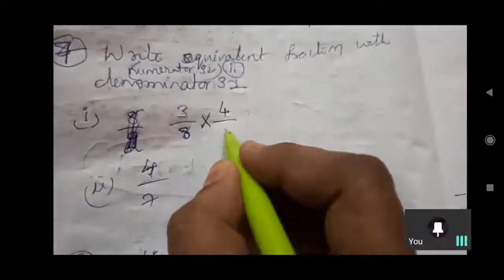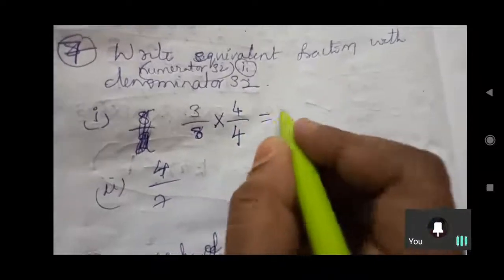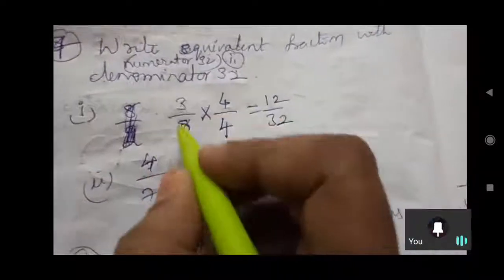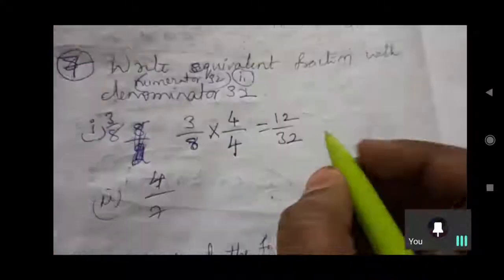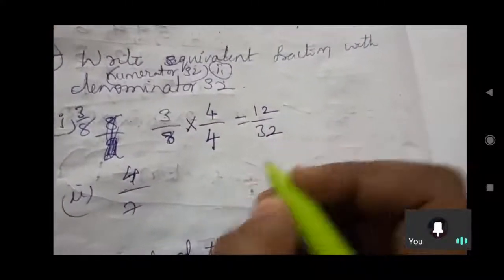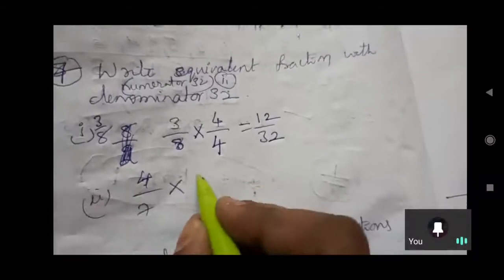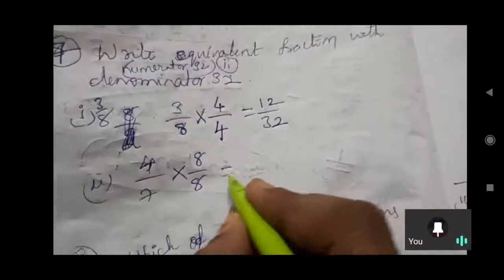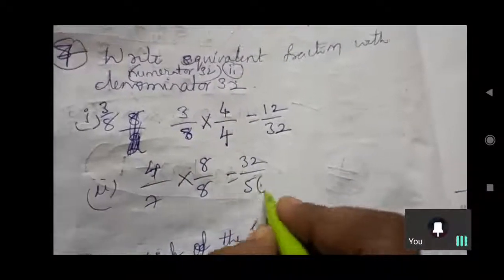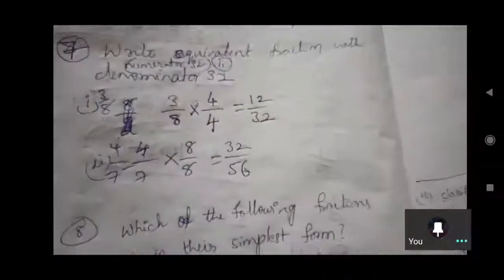We need to multiply numerator and denominator by the same number: 4 by 4. 12 by 32 is the equivalent fraction for 3 by 8. And here, making the numerator 32, we multiply by 8 by 8, because 4 8s are 32. So 32 by 56 is the equivalent fraction for 4 by 7.